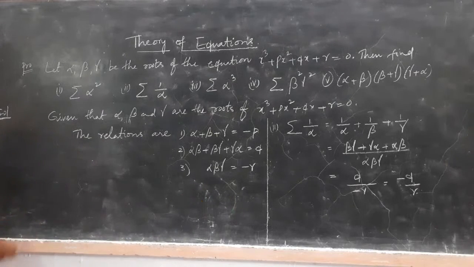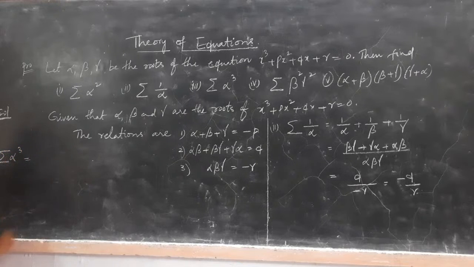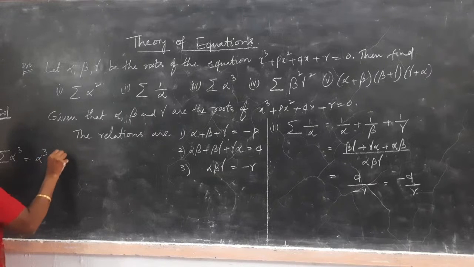Okay, look here. So the third one: sigma alpha cubed, that is alpha cubed plus beta cubed plus gamma cubed.